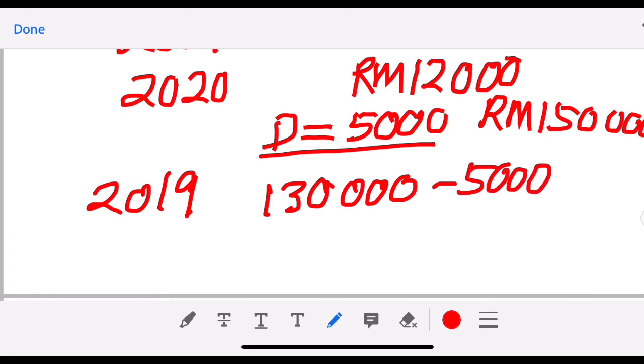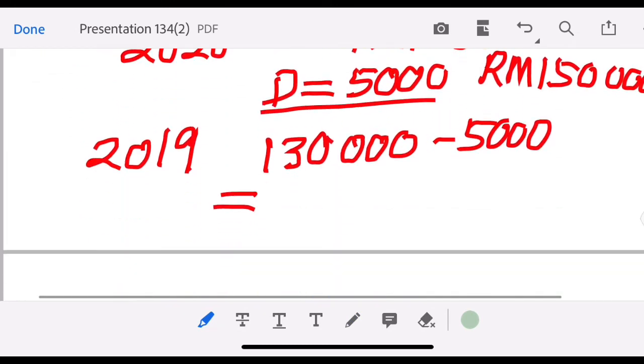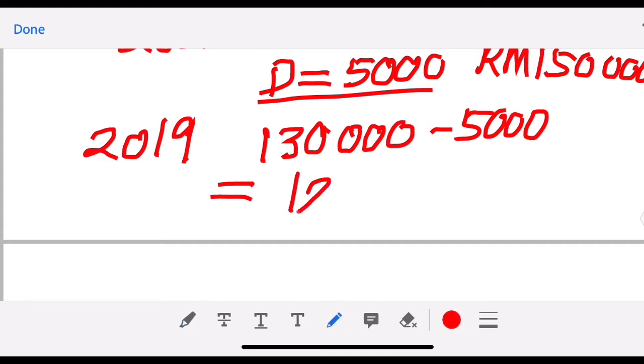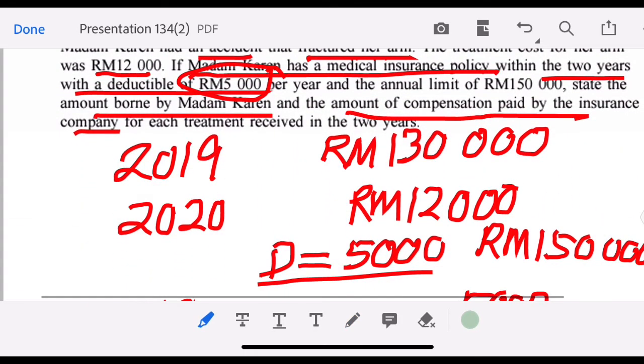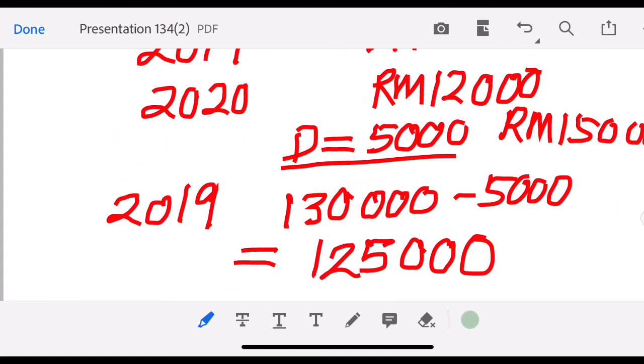That means Madam Karen needs to pay 5,000 to the hospital first, and then only she is entitled to the claim, or the compensation, of 125,000.